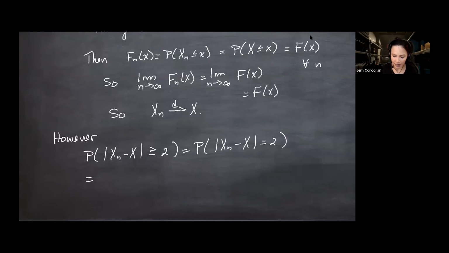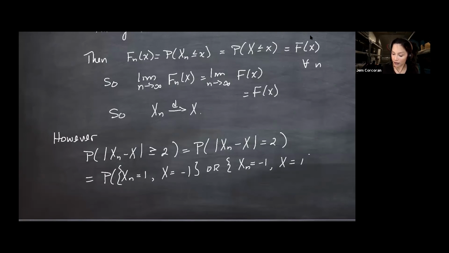And so this means that we can have x_n equals 1 and x equals -1, or the other way around, x_n equals -1 and x equals 1. And that or is a union, and those are disjoint events.